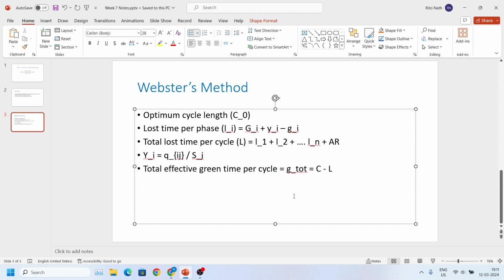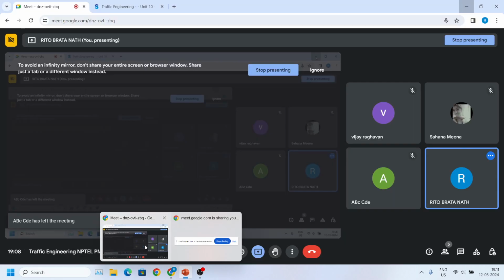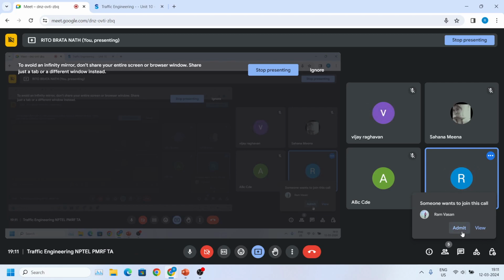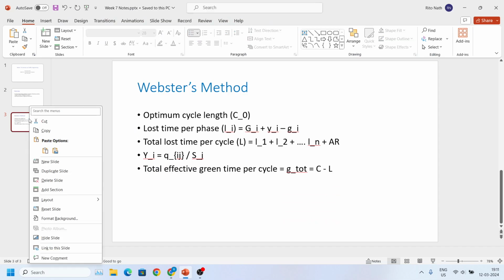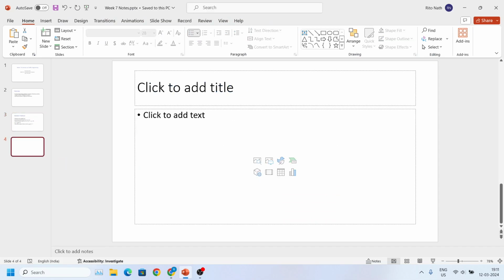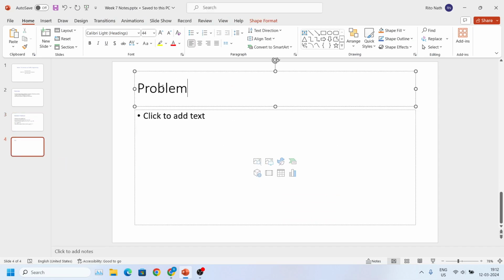And there was one problem related to this in the assignment. So let me quickly open it and solve that problem. Okay, so let's solve that problem.